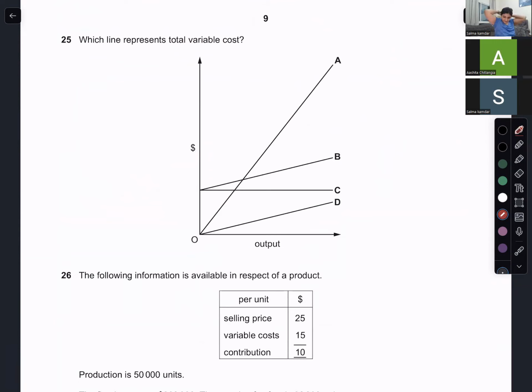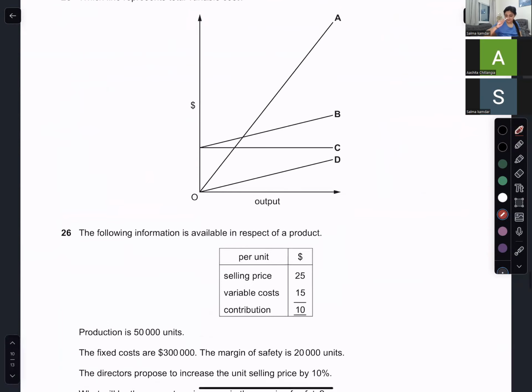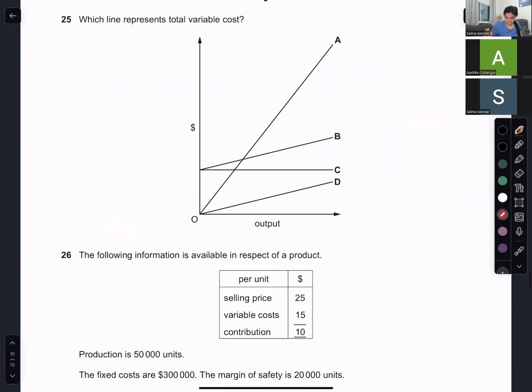Which line represents the total variable costs? Should I say the answer? Yeah.